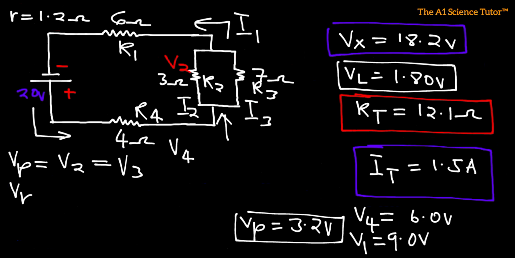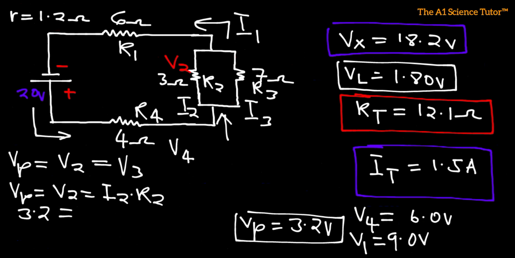VP is equal to V2, right? So what is V2? V2 is going to be I2, which is the current passing through the 3 ohm resistor or the second resistor, multiplied by R2. We know what VP is. VP is 3.2 volts.